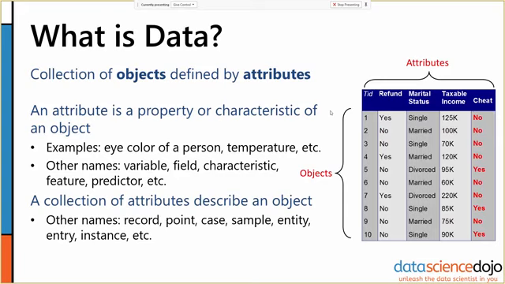You'll see them called records and points and cases, samples, entities, entries, instances, all of that, and many more. You'll also see a set of data called a data set, but sometimes it'll be called a table, and sometimes you'll just hear, oh yeah, we have our data, referring to the set as a whole.